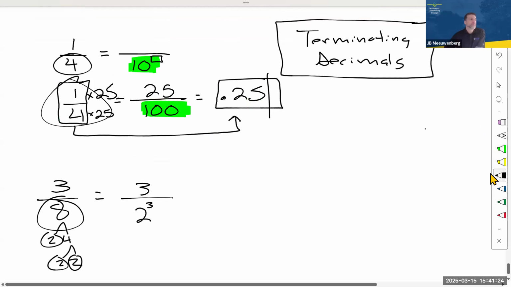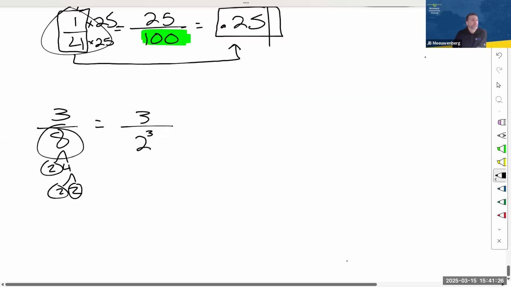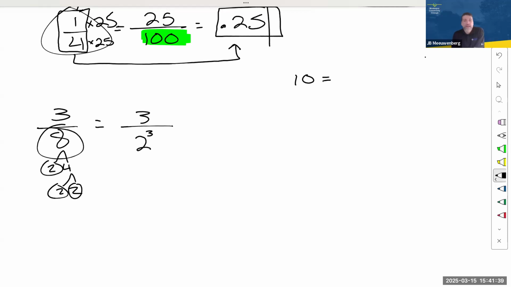So if we look at 3/8 and we did its prime factorization, we've got 3 over 2 to the 3rd. Let's think about those powers of 10 for a second, and what their factorization looks like. The number 10 is equal to 2 times 5. Agreed? What if we do 100?